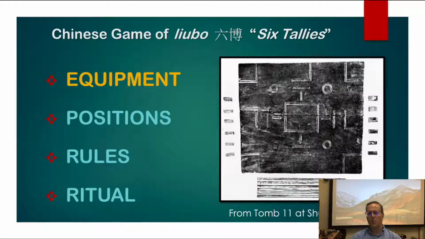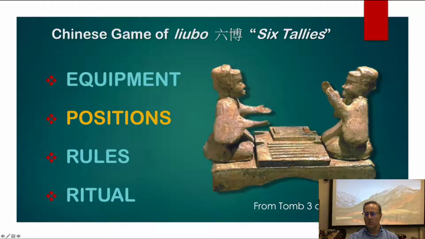So the game of Liubo in ancient China, or 6 tallies or 6 sticks, requires this special board that has these marks on it indicating paths with a central square mark, and 6 pieces for each side, usually white and black, as well as throwing sticks that you would throw down to determine the moves. Players would sit across from each other and they would throw these 6 down, and that would determine how the pieces move.